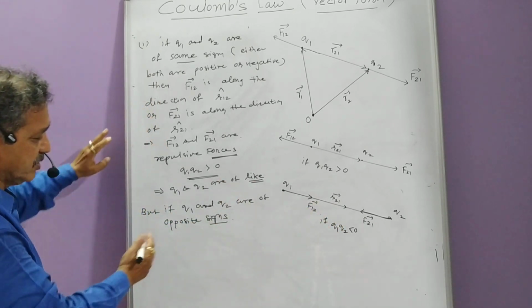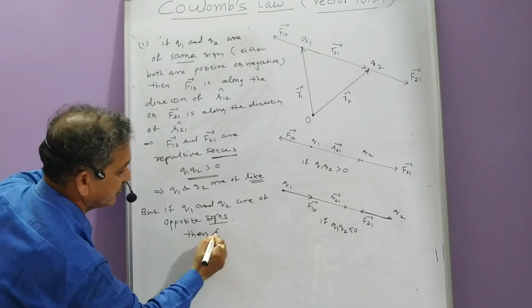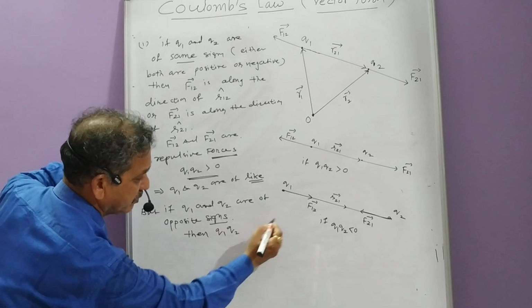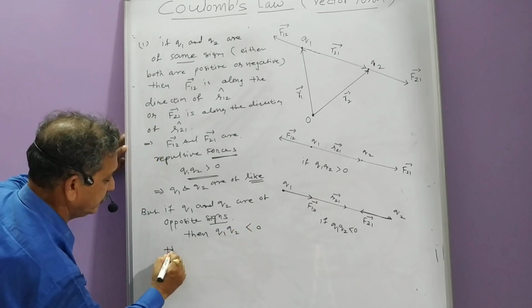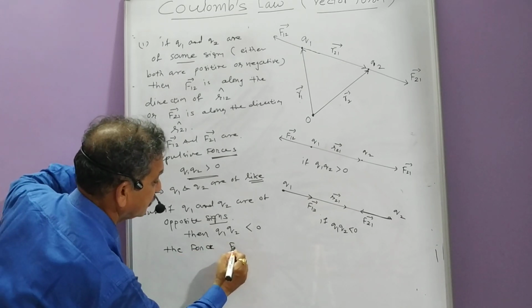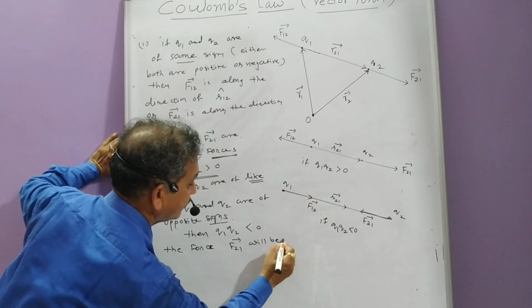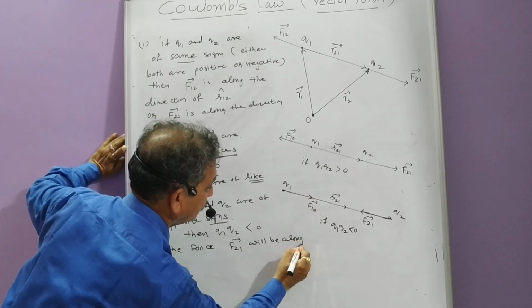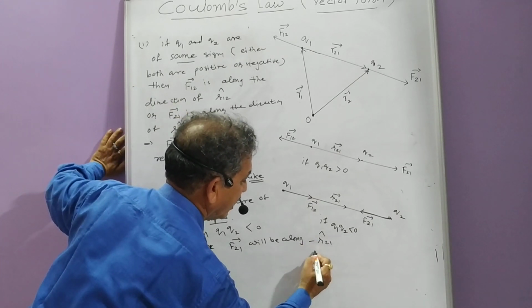So remember here, Q1 and Q2 are of opposite signs. Then the Q1 Q2 product will be negative. As it is negative, the force F21 will be along the minus unit vector r21 direction.